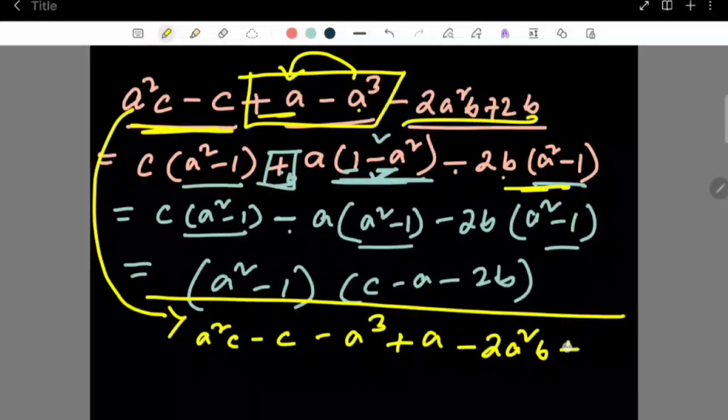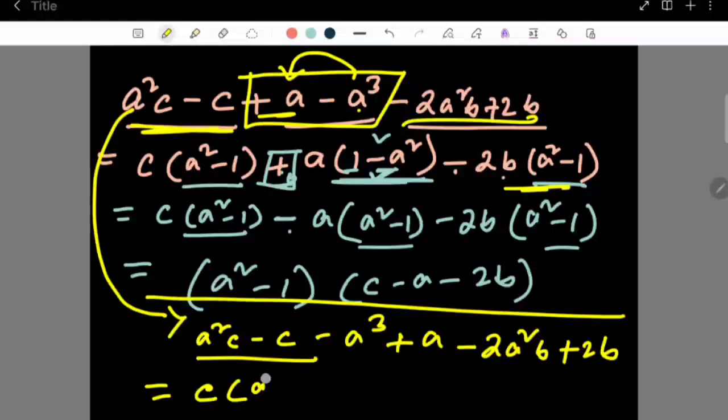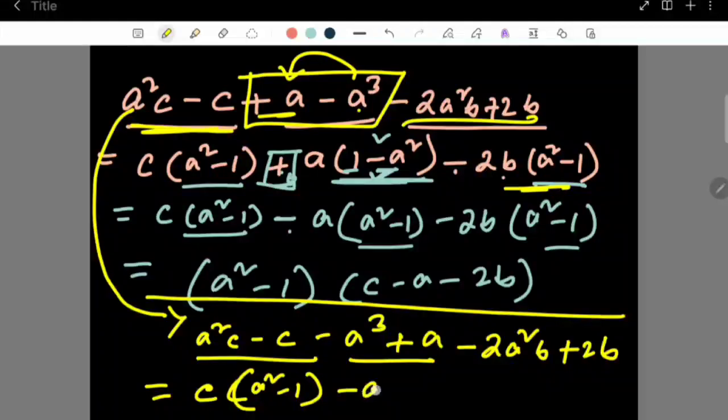This is called rearrangement or grouping. Now from the first two terms, if we take c common, a square minus 1 is remaining. From the second, here minus a is common, so here a square is left.